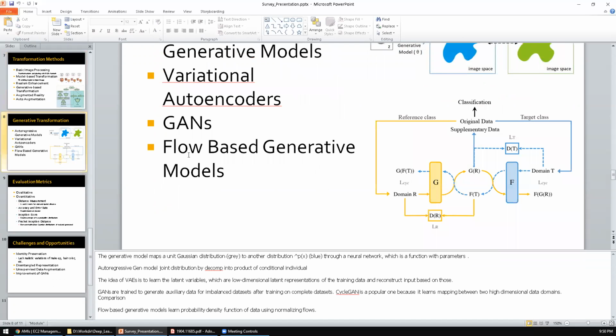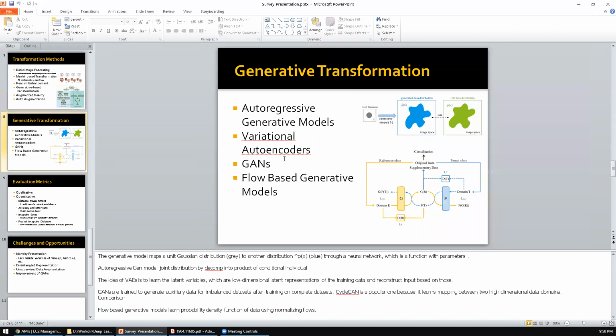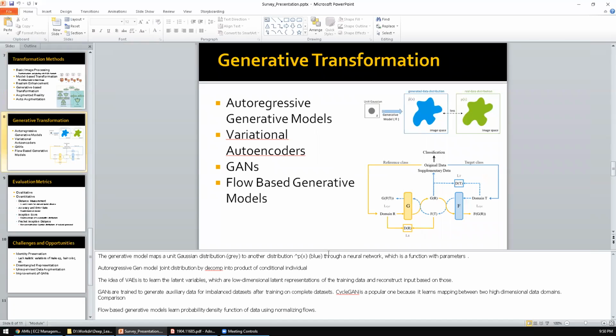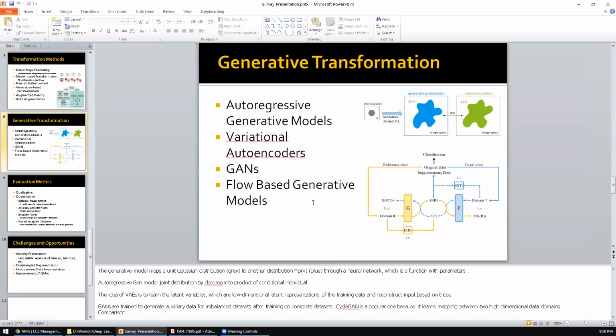The next part is getting into generative transformations. There are autoregressive generative models, variational autoencoders, GANs, and flow-based generative models. Autoregressive generative models basically model the joint distribution by decomposing the instance into a product of conditional individual variables.